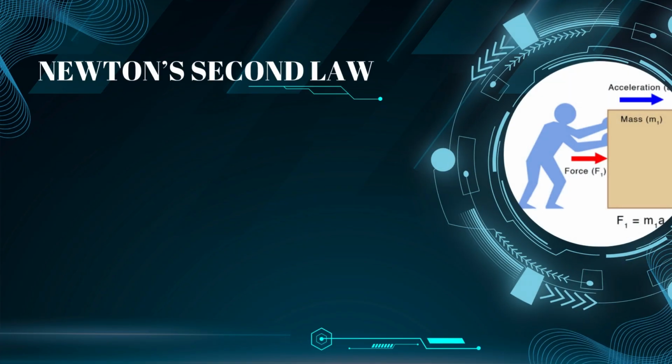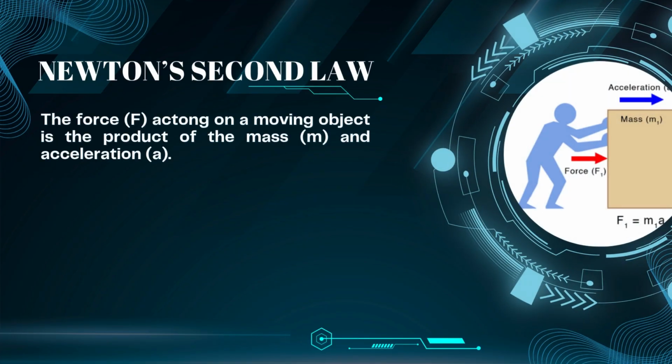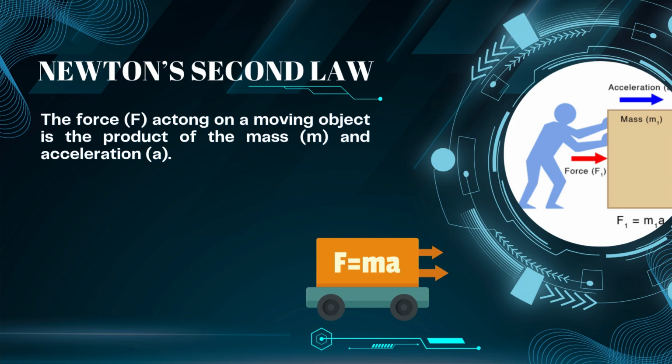Newton's second law explains how force causes acceleration. It states that the acceleration of an object is directly proportional to the net force and inversely proportional to its mass. Mathematically, this is expressed as F equals m multiplied by a.